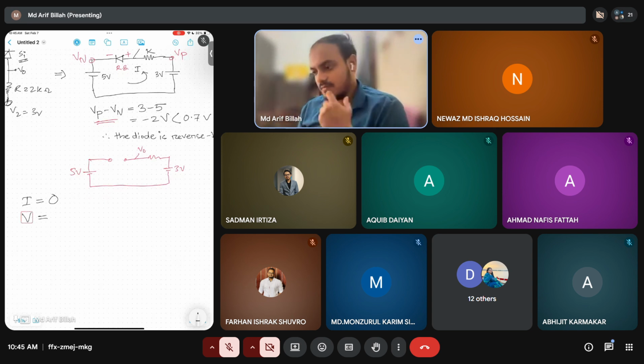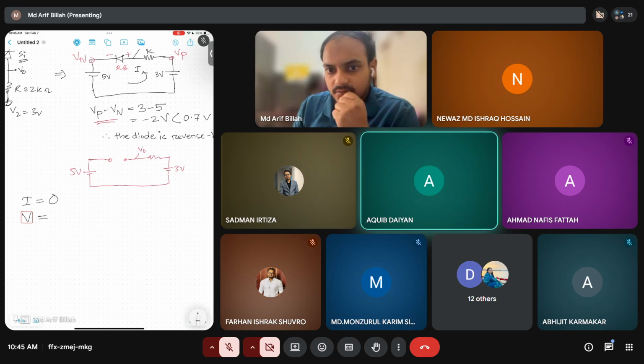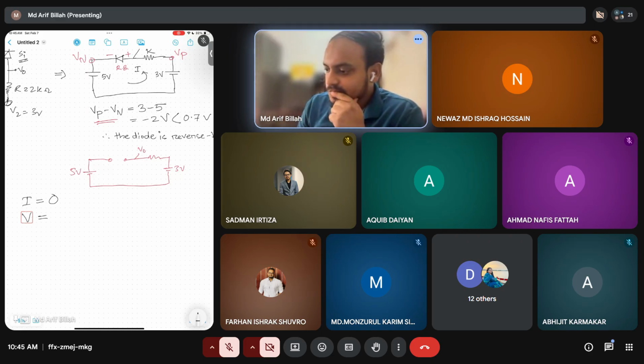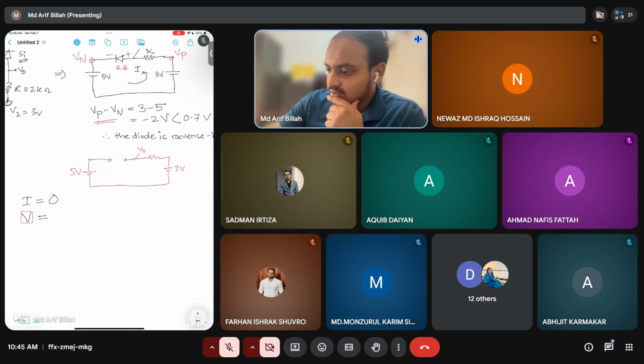What will the voltage be? 3 volt. What does measuring the voltage here mean? It's the same as connecting one point here and another point, let's say here in the ground, right?